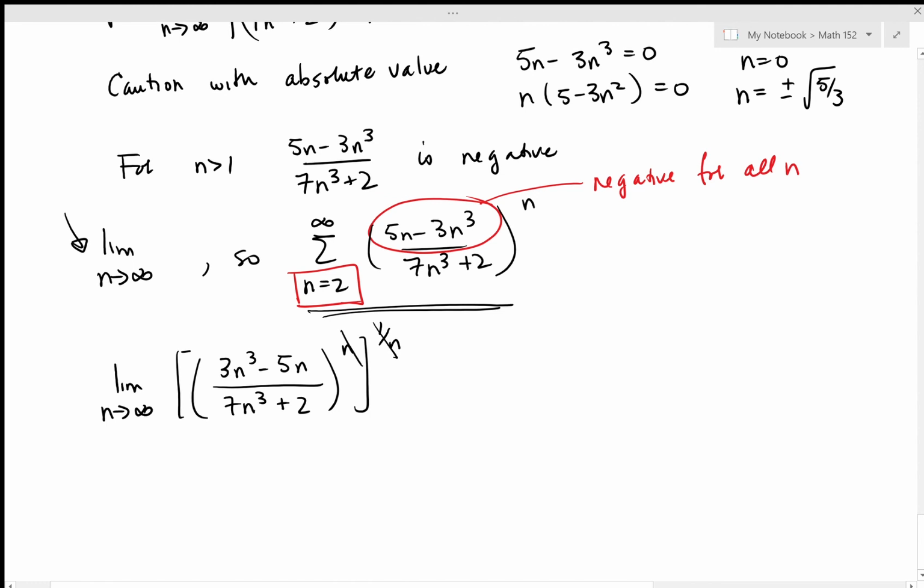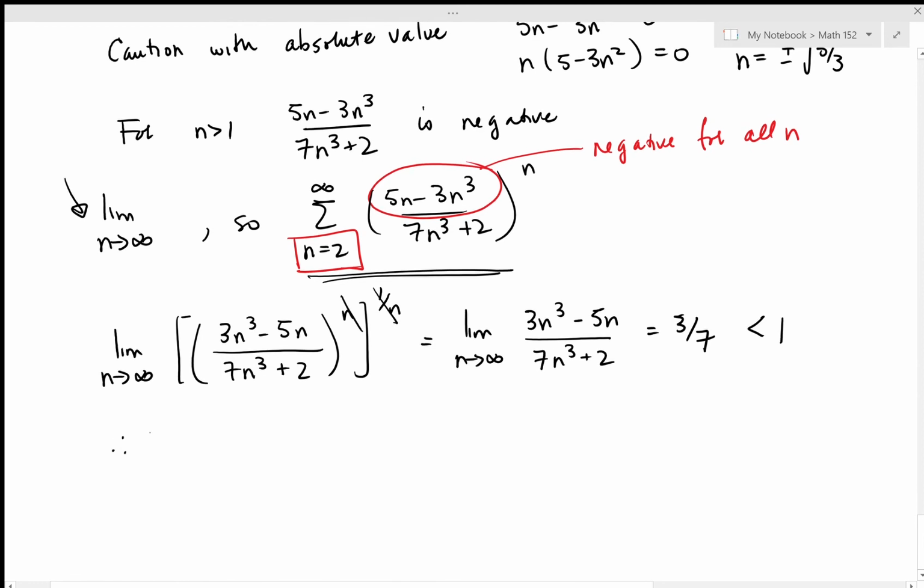And so then I've got here the limit as n goes to infinity of 3n cubed minus 5n divided by 7n cubed plus 2, and that's the ratio of the leading coefficients. The limit is 3/7, and 3/7 is less than 1.